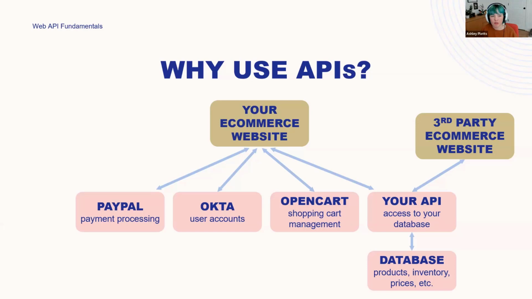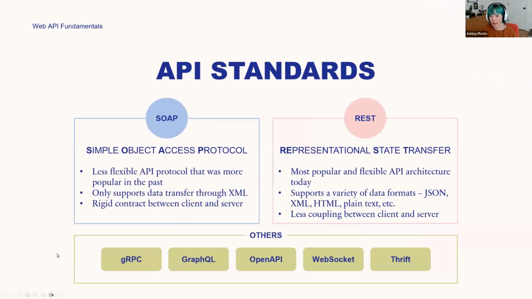So I had mentioned before that there's a couple different API standards, and depending on what you use, there's different rules. So we can talk a little bit about that. When you know what an API is and how they work, and you have an idea of something you want to build, probably the first thing you're going to do is Google how to create an API, or which API protocol or architecture should I use, right?